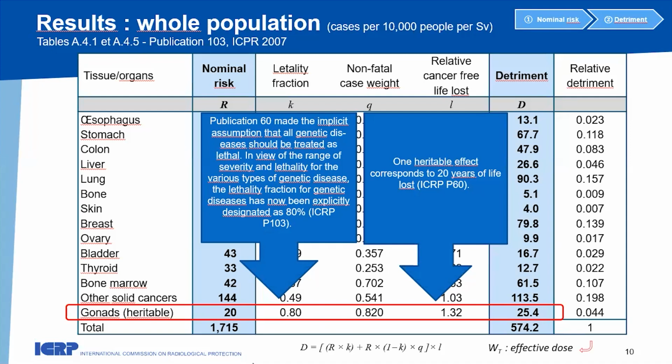But it seems that in ICRP 60, the doubling dose was just taken from animal experiments as they were. But then in 103, they say that we have to take into consideration the rate of induction, which should be the same per gene and per gray in mouse and in man.